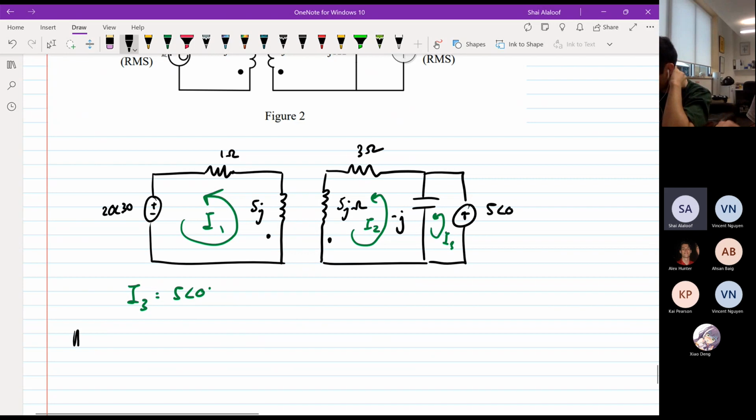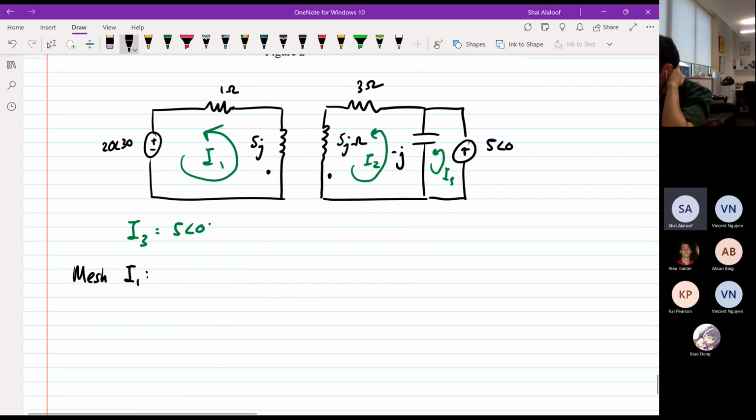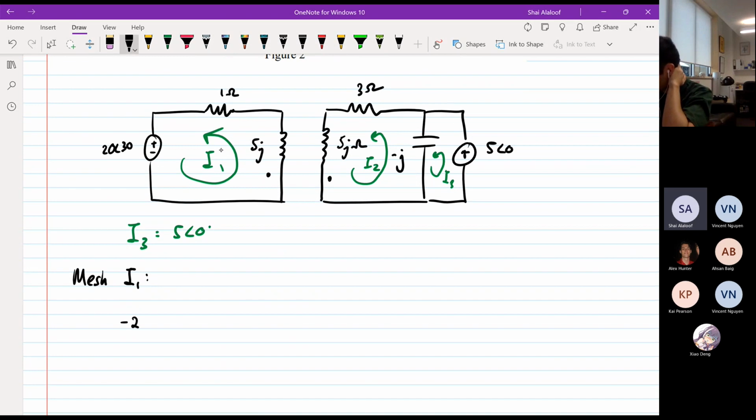Okay, all right, well, I'll start with the first mesh. Mesh I1. So minus 20, the phase of 30, plus I1 times 1, plus 5J I1. Right, so that's, oh no, I've gone the other way around, haven't I? Sorry, plus 20J.